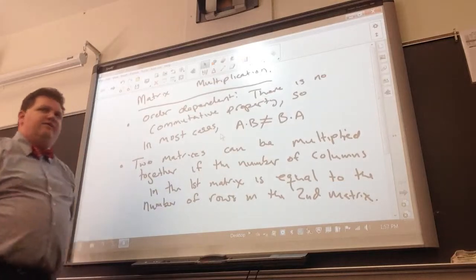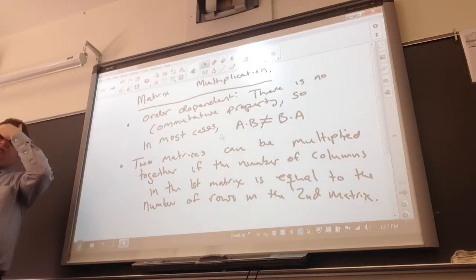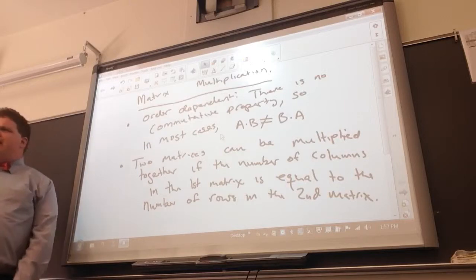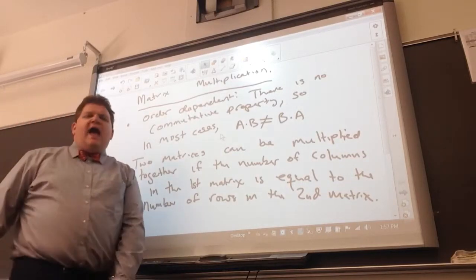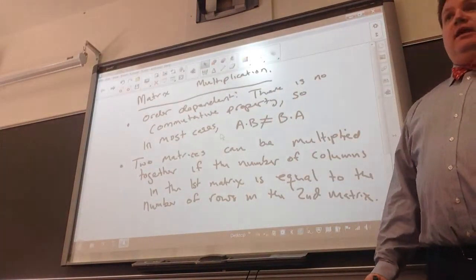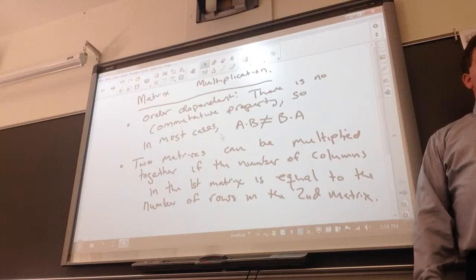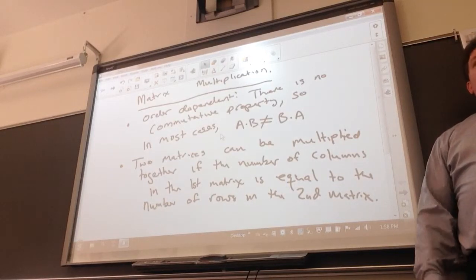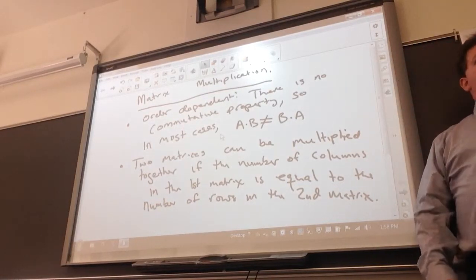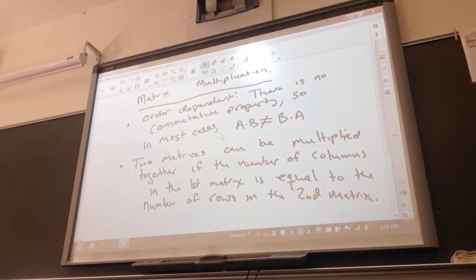So, what does that specifically mean? Basically, if I had a 3 by 2 matrix, I can multiply that by any other 2 by anything matrix. My first matrix was 3 by 2, so any matrix I multiply that by has to have 2 rows, because my first matrix had 2 columns. That's the main condition with matrix multiplication.